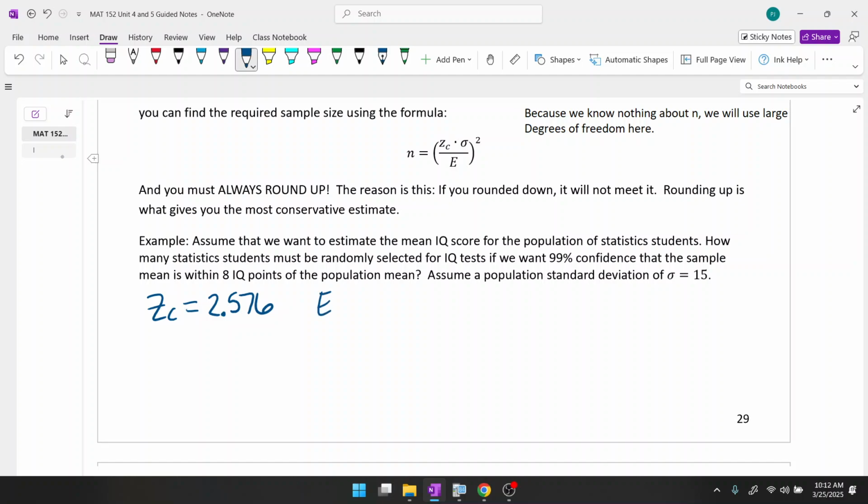And your margin of error is going to be 8, and your standard deviation is 15. So basically, you have to take this 2.576 times 15 and divide it by 8 and then square it. A lot of students honestly forget to square it or round up. You will lose points if you make that mistake.